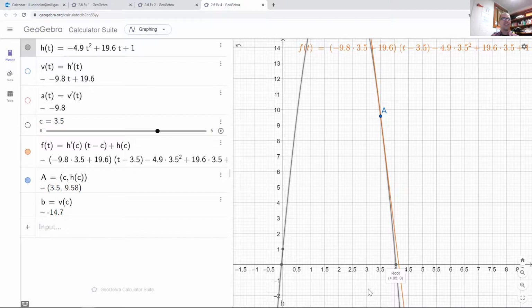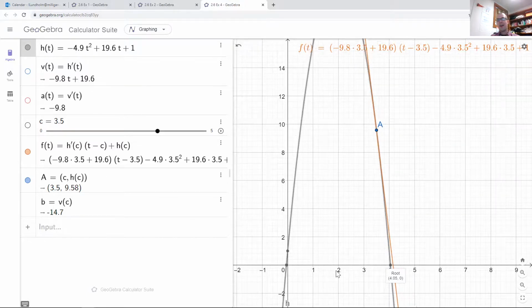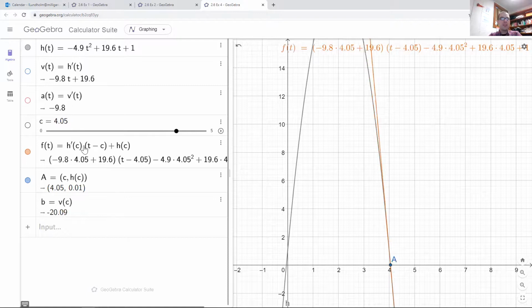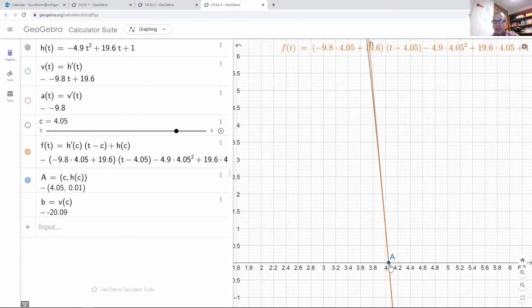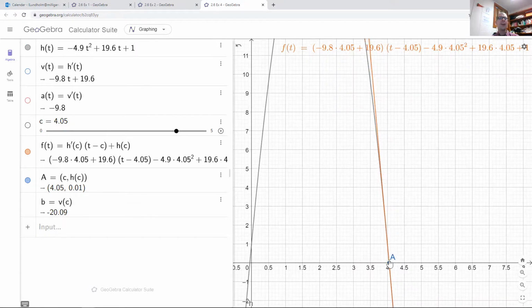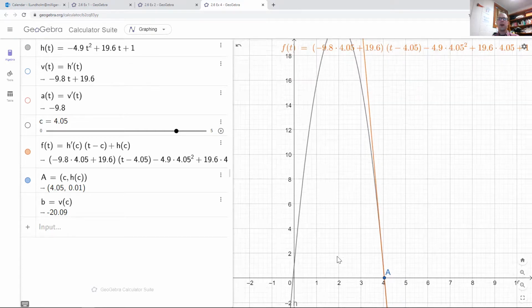There's the root there, 4.05. So if we type in 4.05 here, I'm kind of reading there, but oh, see, that's not even perfect. Oh, actually it is, it's fine.